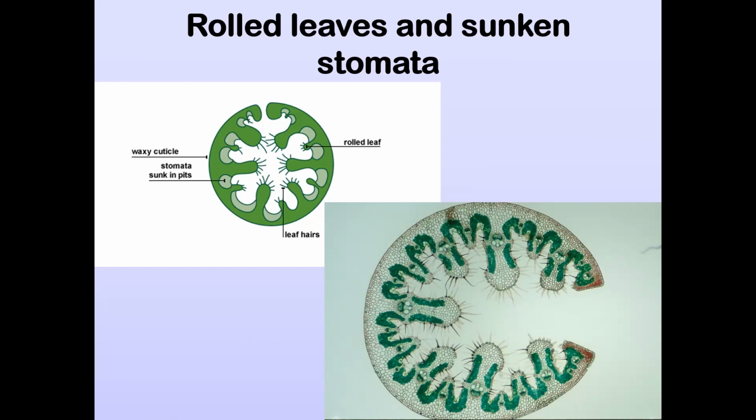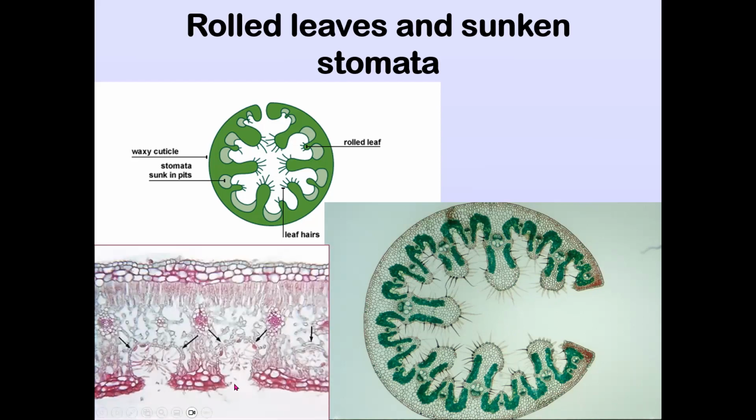These are not spikes like a cactus, for example. They're quite soft, but they're there just to control the movement of air and moist air, especially. Here's a microscopic section, where this bit here is the pit, and these little bits here are the stomata.